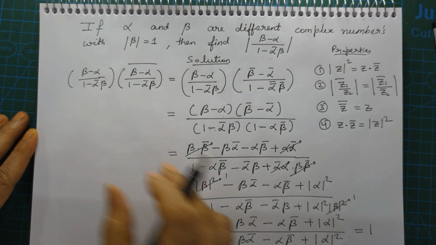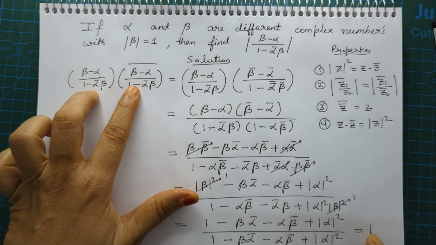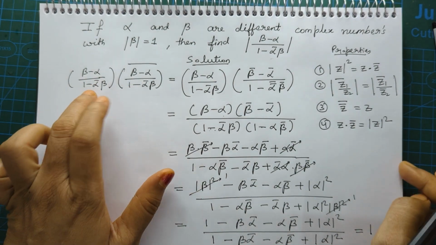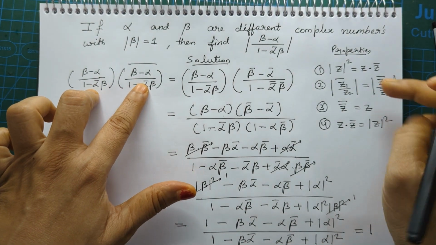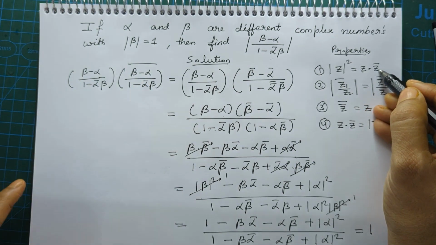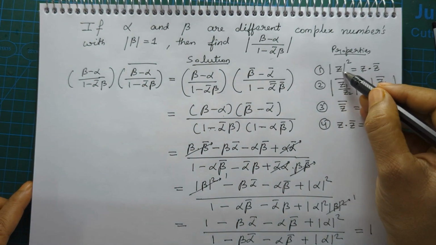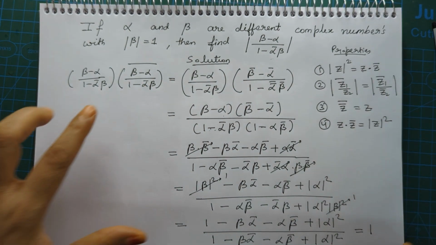Now, this product is 1, but this product means complex number times conjugate of complex number, which is mod of the complex number square. So this is 1.